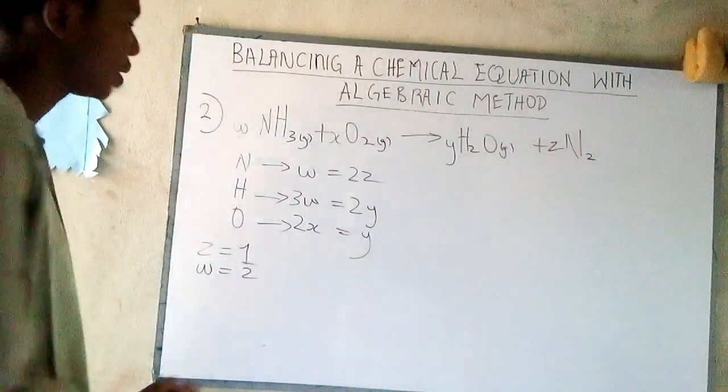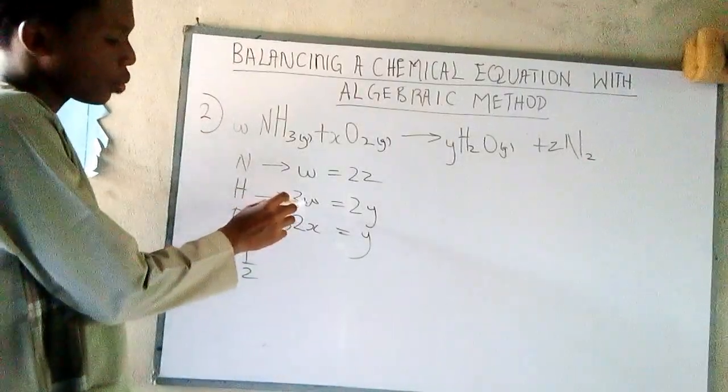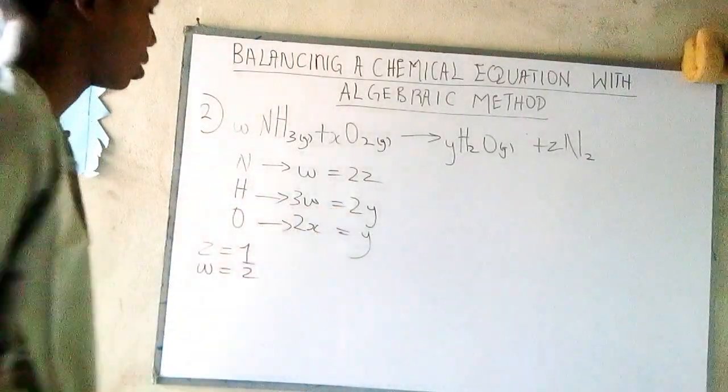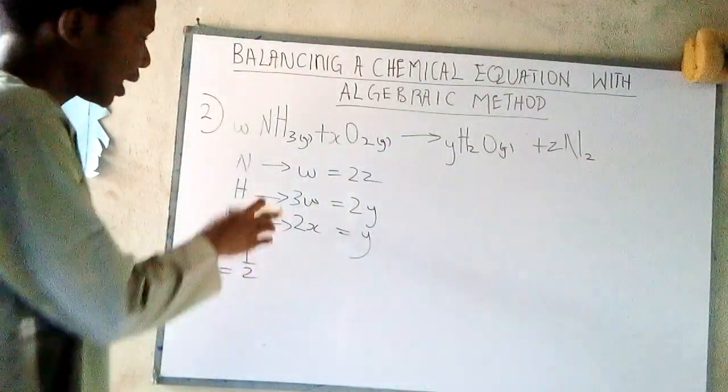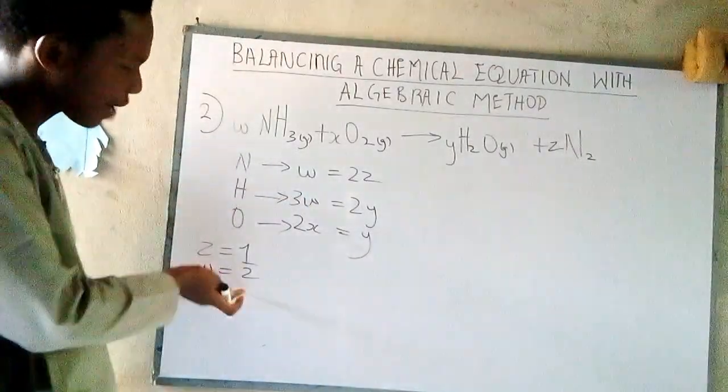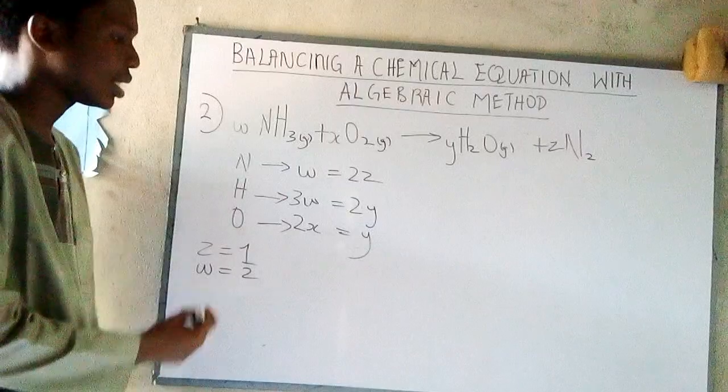Next thing we have here, we say 3W equals 2Y. And we already have the value of W. So 3 now times this 2, the value we've gotten. 2 times 3 is 6.